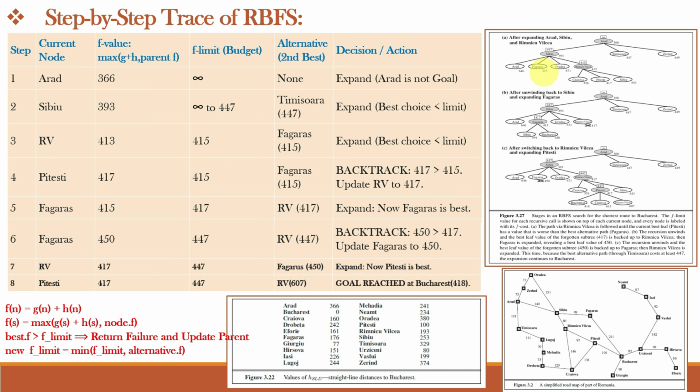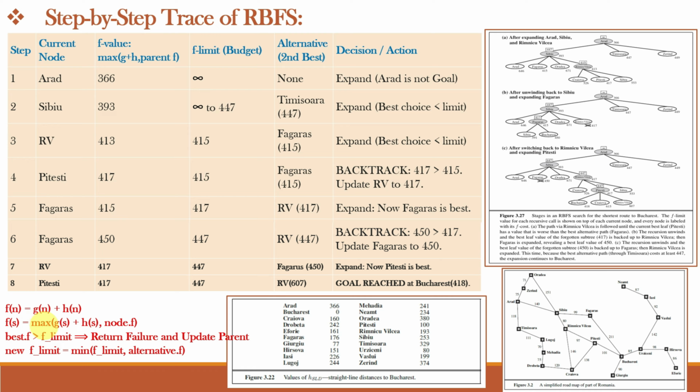For example, let us find for Bucharest. Okay, so for Bucharest, G is equal to 140 plus 99, which is equal to 239. That is 239 plus H for Bucharest, which is 176. So 239 plus 176 is equal to 415.